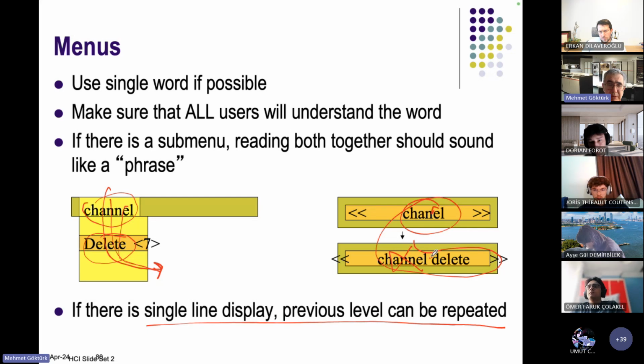If it is a single line display, not a pull-down display, this can be repeated because it gives you the mode. But if it is a regular display, a pull-down menu, then it shouldn't be repeated. This is a single line display example. With multiple lines, you don't have it, but with a single line, yes, you have.